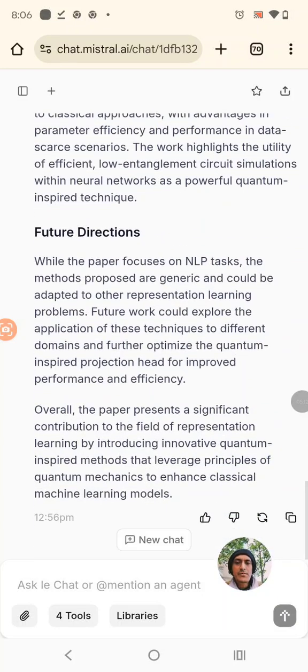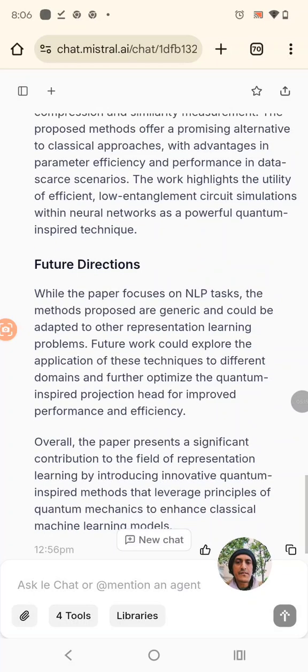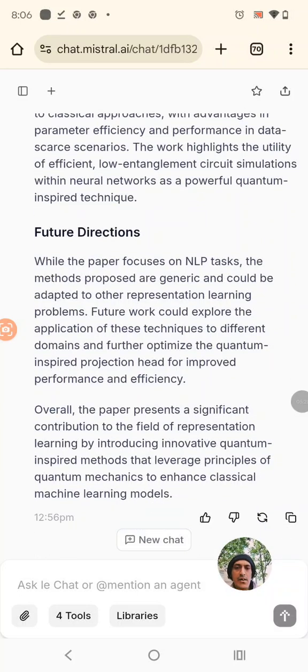Future work could explore the application of these techniques to different domains and further optimize the quantum-inspired projection head for improved performance and efficiency. Overall, the paper presents a significant contribution to the field of representation learning by introducing innovative quantum-inspired methods.